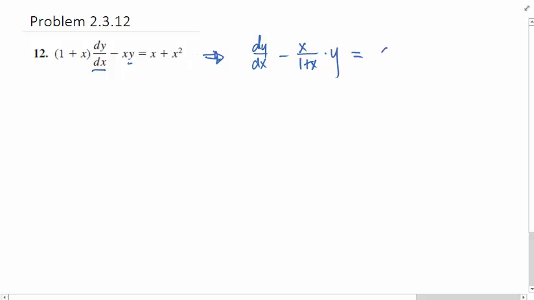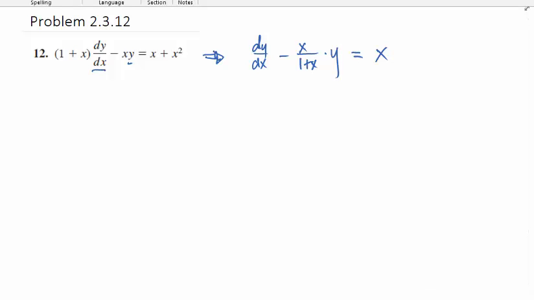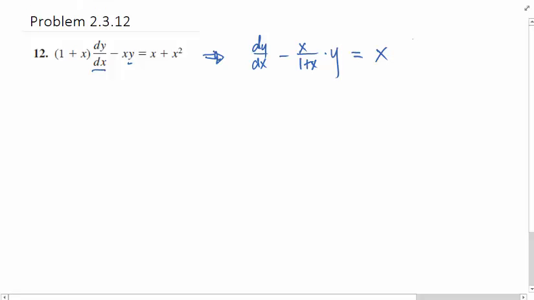you can take out, and then if you take that out you get 1 plus x divided by 1 plus x. Well, that will just leave x. So if you remember our formula, the technique that we will use if we have a first order linear differential equation is that we will find an integrating factor.